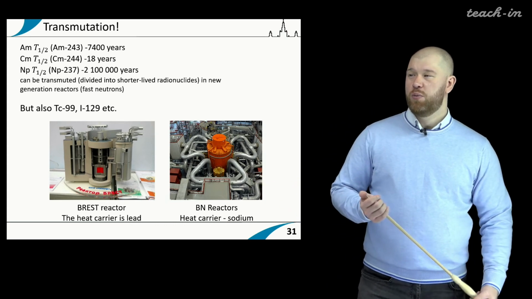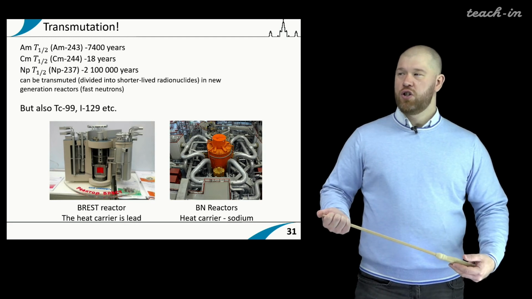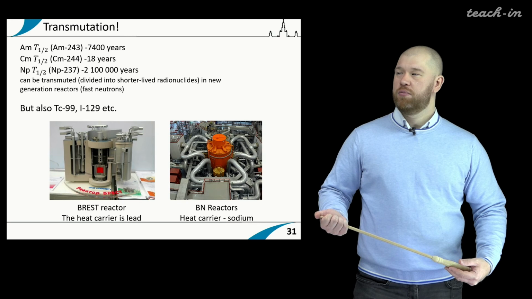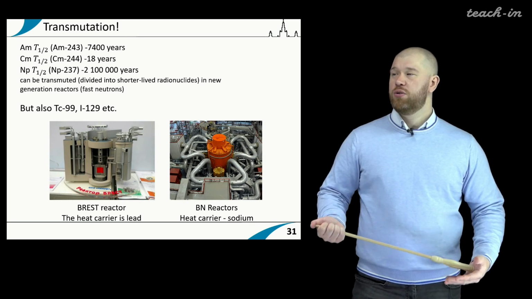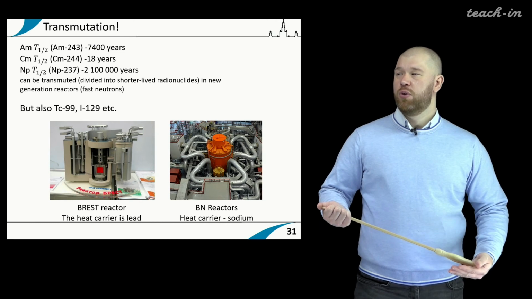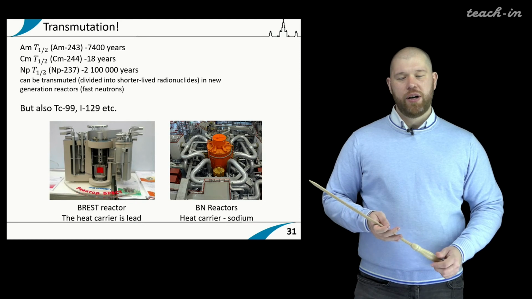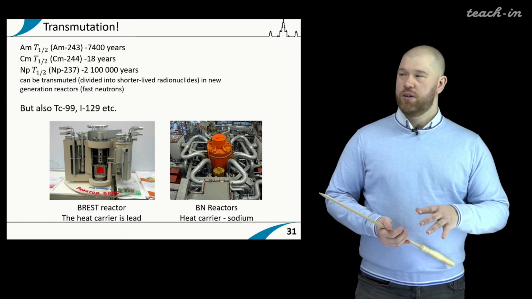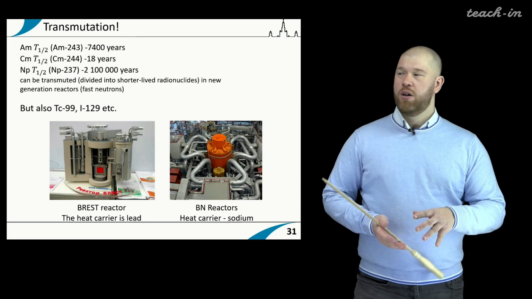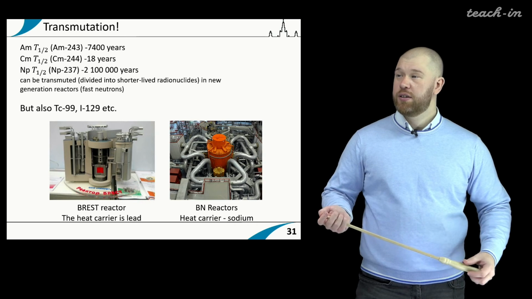Transmutation means that we induce fission of the nucleus, for example, americium or neptunium or curium, or by neutron capture we can transform them to shorter-lived radionuclides.